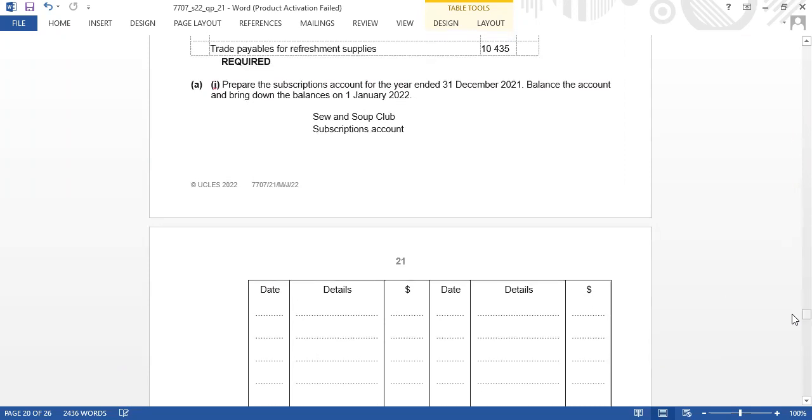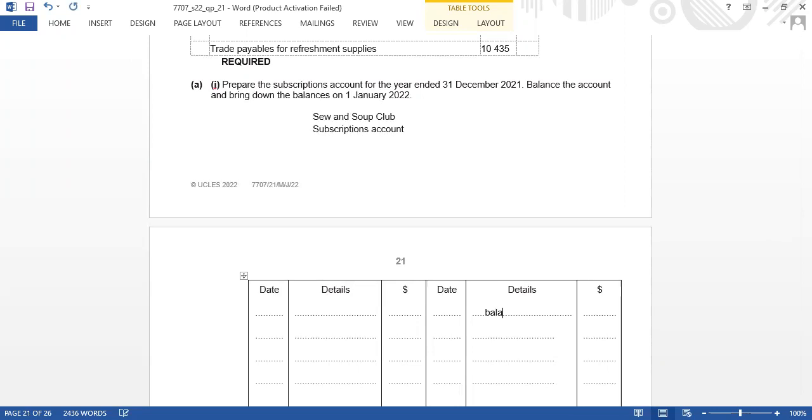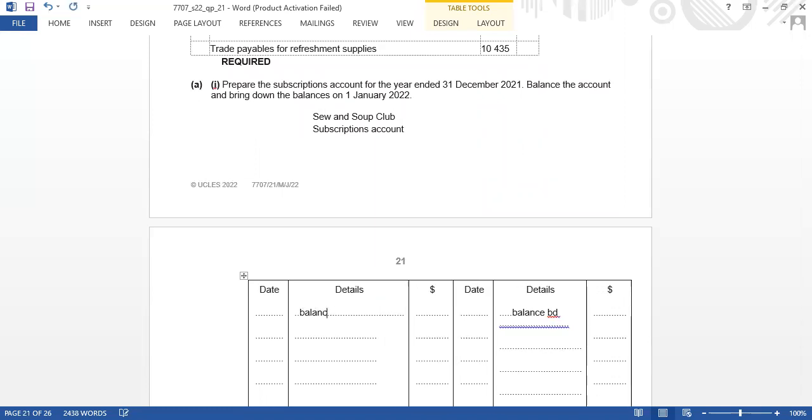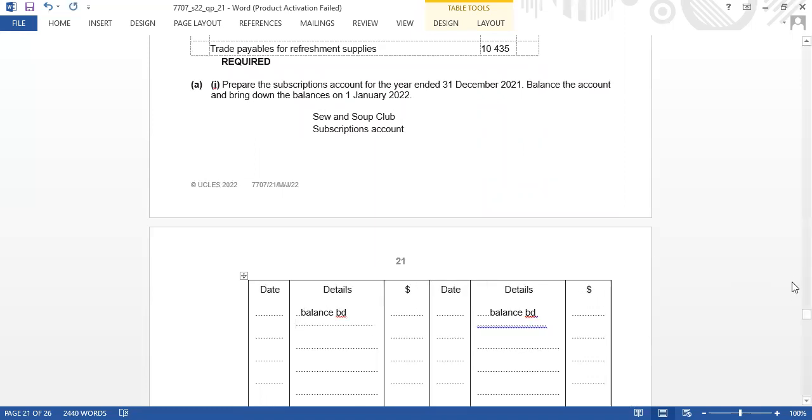We have to make a subscription account. So for subscription account, we'll be needing balances b/d.